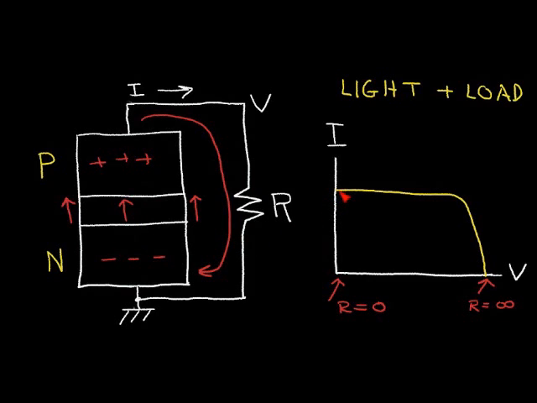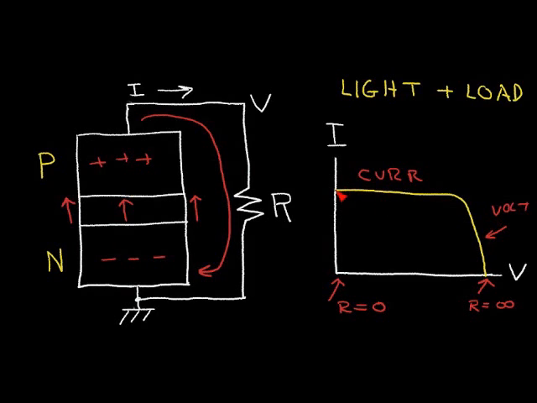And the characteristics for this solar cell, in this region, the solar cell acts more like a current source. And in this region, the solar cell acts more like a voltage source.